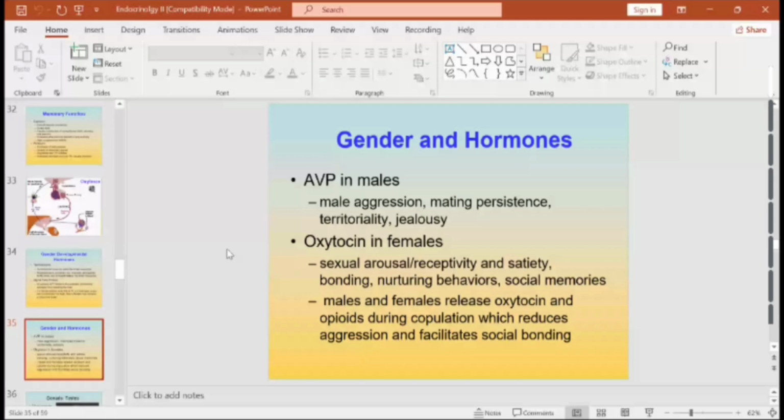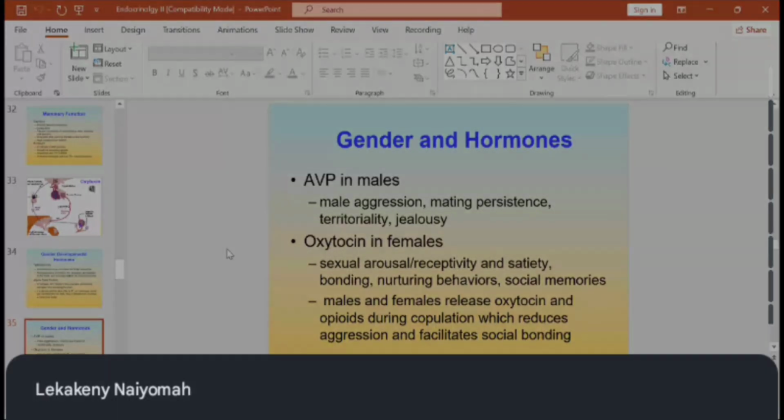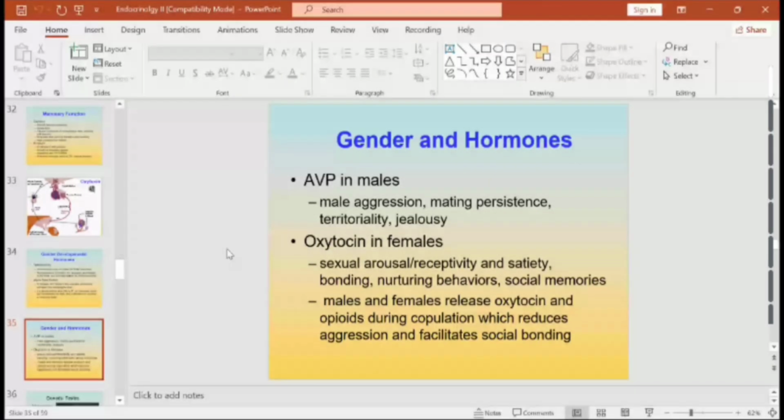So I think this aspect of jealousy, we can appreciate it in males. For example, if at the end of class you are coming from a lecture hall and you suddenly see someone else, maybe a classmate, holding hands with your girlfriend, that will probably make you jealous, and it's because of the testosterone hormone.